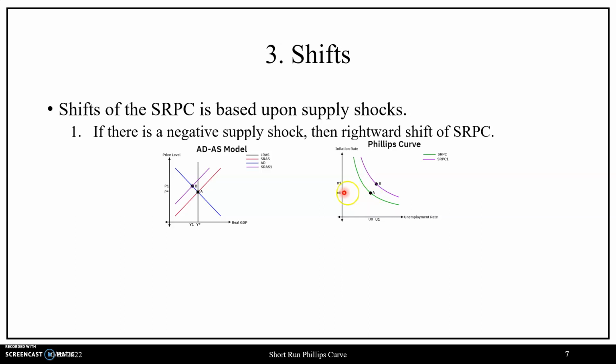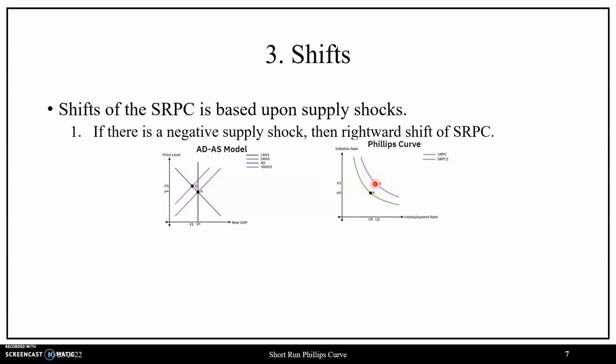In this case, since the unemployment rate is increasing, this will correspond to a rightward shift, and there will also be some leftward movement in terms of the short-run Phillips curve until we reach point B, indicating also an increase in the inflation rate, where at point B, the unemployment rate is U1, so an increase from U0, and the inflation rate is pi 1, which is strictly above pi 0, indicating that inflation has also occurred.